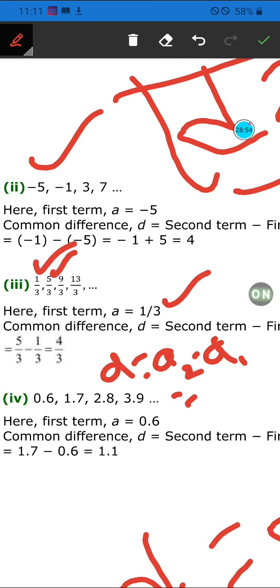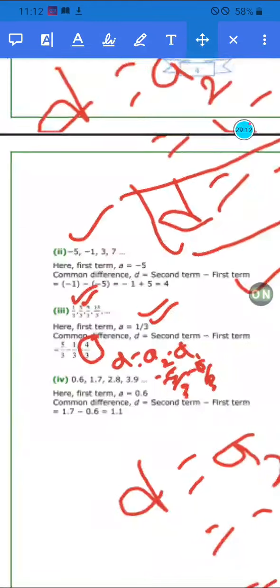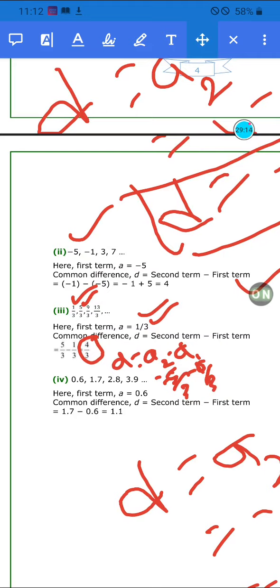What does it become? It is 4 by 3. So A value is 1 by 3, D value is 4 by 3. So D equal to second term minus first term: 5 by 3 minus 1 by 3, it becomes 4 by 3.